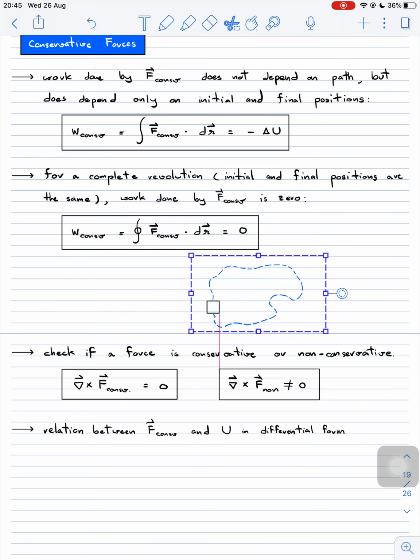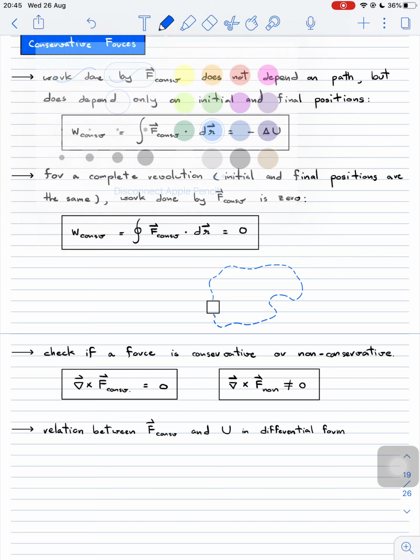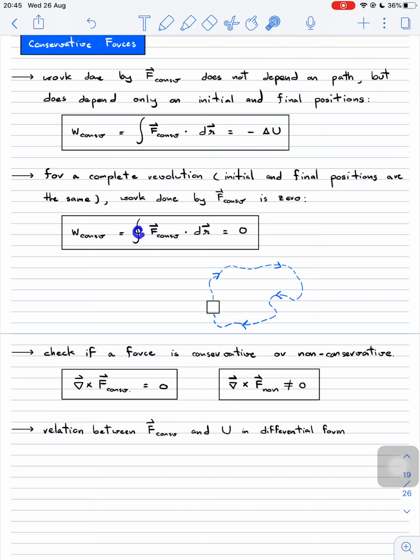Let me just finish this first. You may notice that we have this circle on the integral sign. What does it mean? This is the symbol called the closed loop integration.